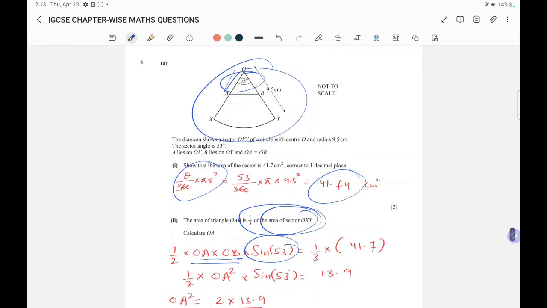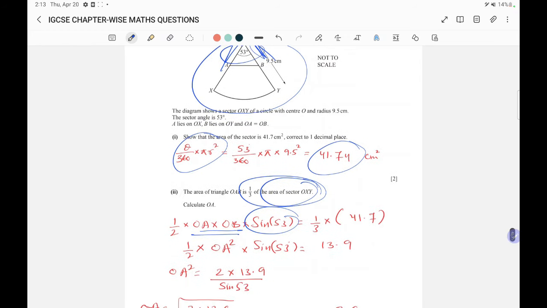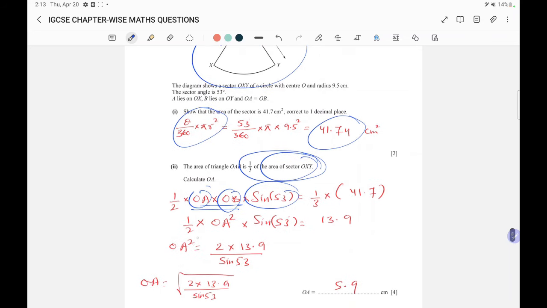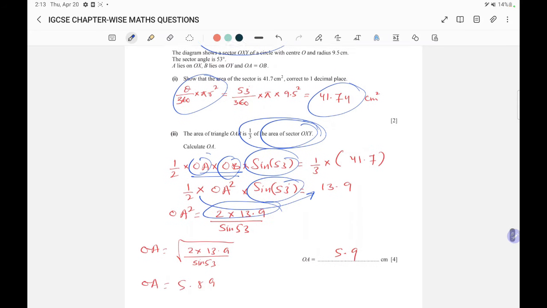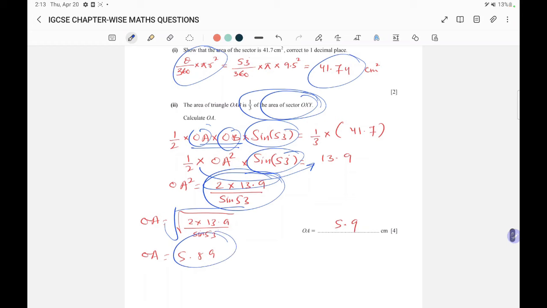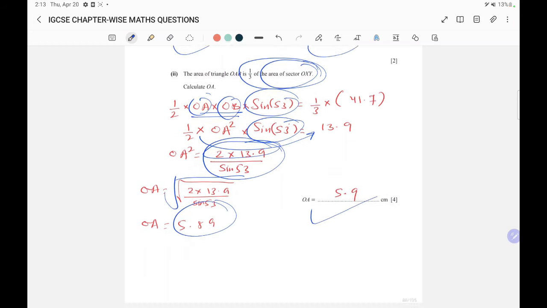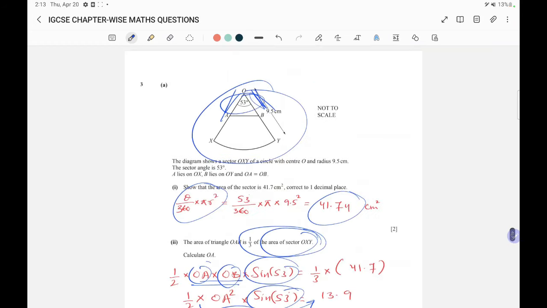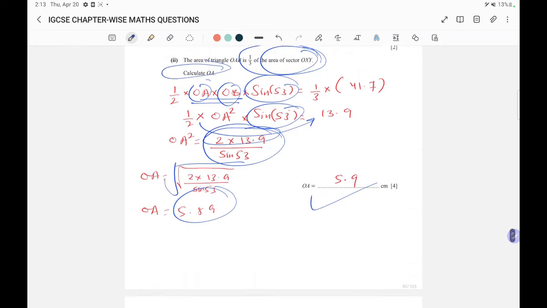Now OA and OB, these two are the same. So OA times OB is OA squared. Half OA squared sine 53 equals 13.9. And then you can take this 2 here. So 2 times 13.9 over sine 53 equals OA squared. OA is the root, which is 5.89, which is 5.9. We need to find OA in this case.